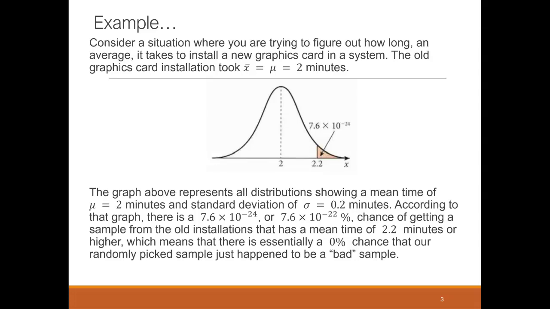The installation process is going to be longer. Or at least we have strong evidence to support that claim. We haven't proven anything, because you can't really prove something like that, but we can provide statistical evidence. Does that feel okay? It's basically impossible that I would have gotten a sample of the old video cards and gotten that kind of a mean. Almost zero. Like struck by lightning, winning the Powerball kind of odds.